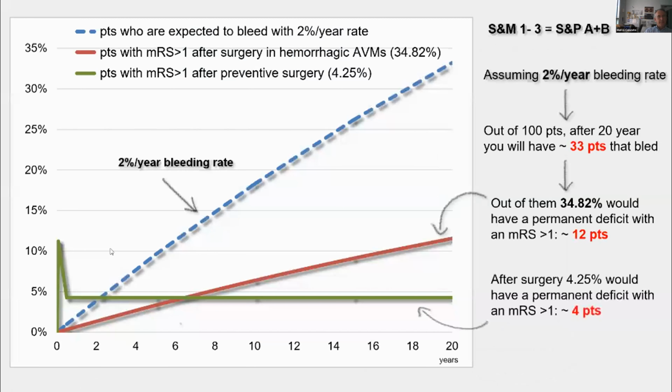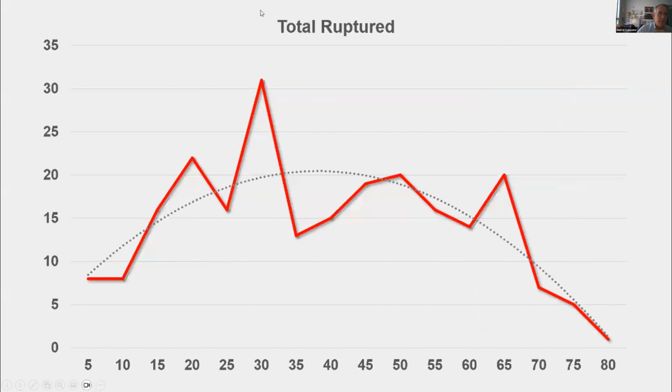And so we think that if you consider the probability that an AVM will rupture over time, and the probability of having a damage after surgery, the two curves will overlap at 6 years. So in a child, of course, this is, in our opinion, worthwhile. If you consider that most AVMs rupture around the age of 30, if you can prevent this, in our opinion, it is much better.